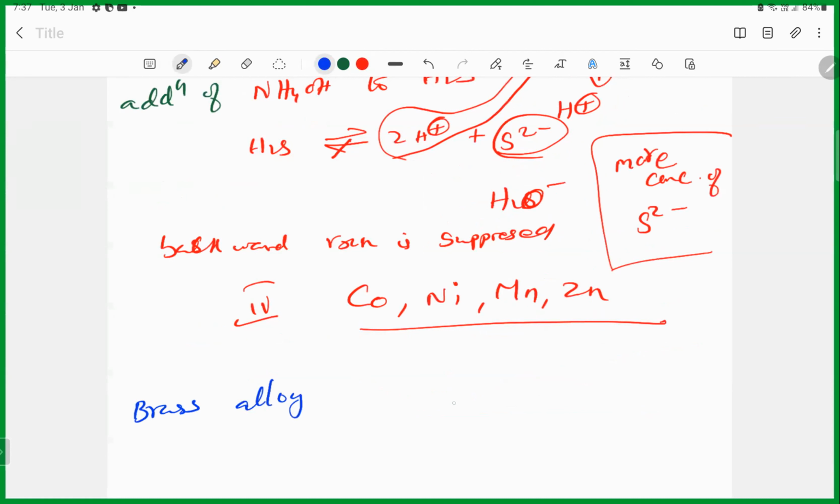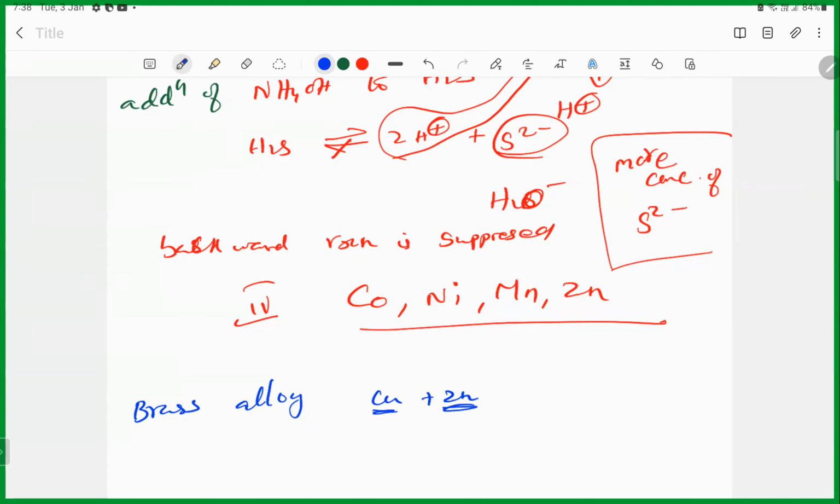Sir, copper and zinc, sir. Okay, copper and zinc. Now, I want to estimate the percentage of zinc present in the brass, and also I want to know the percentage of copper present in the brass.